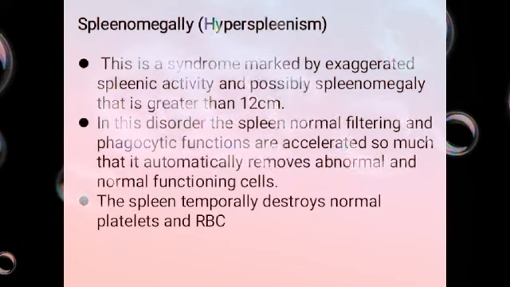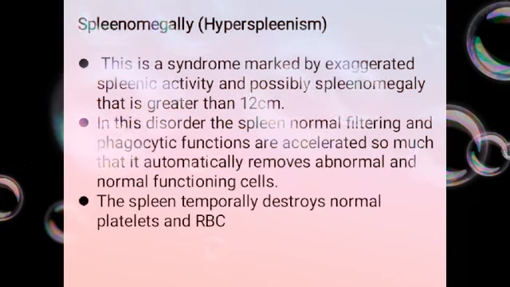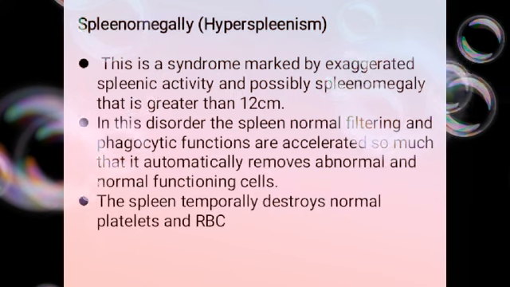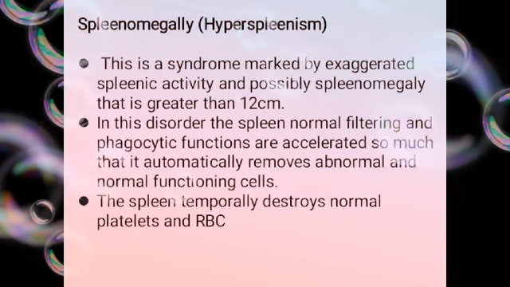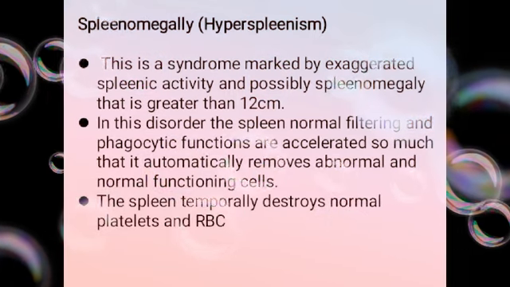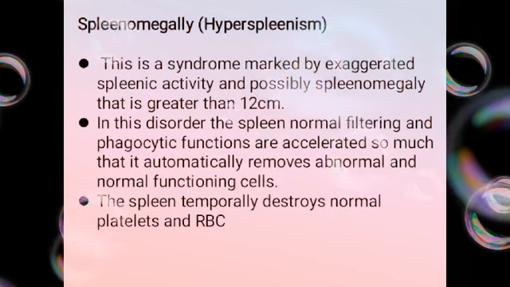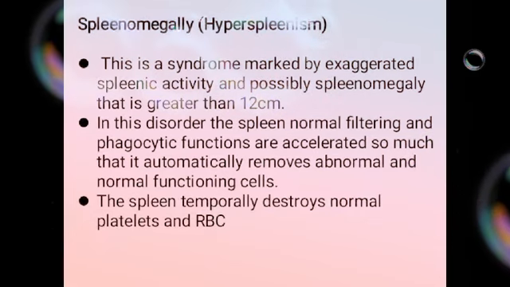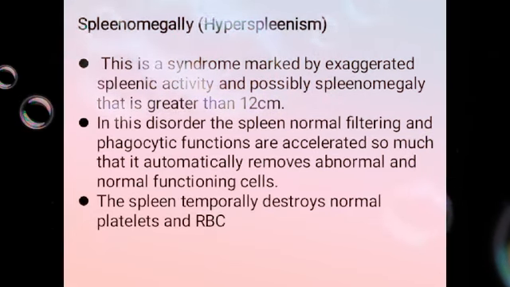centimeters. The normal size of the spleen is actually 5 inches or 12.7 centimeters. So when the spleen increases its length to more than 12, it is going to be concluded as being splenomegaly. So we are saying that in this disorder, the spleen is not going to be able to function its role.